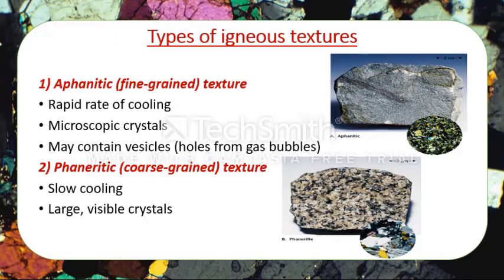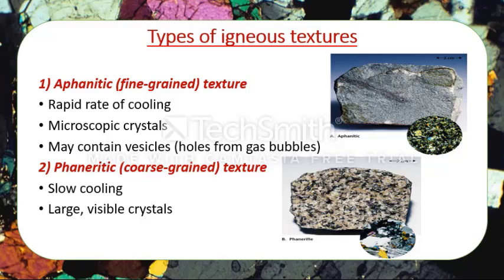Types of igneous rock according to texture. Aphanitic means fine grained texture, not visible to the naked eye. Phaneritic means visible, that means coarse grain.